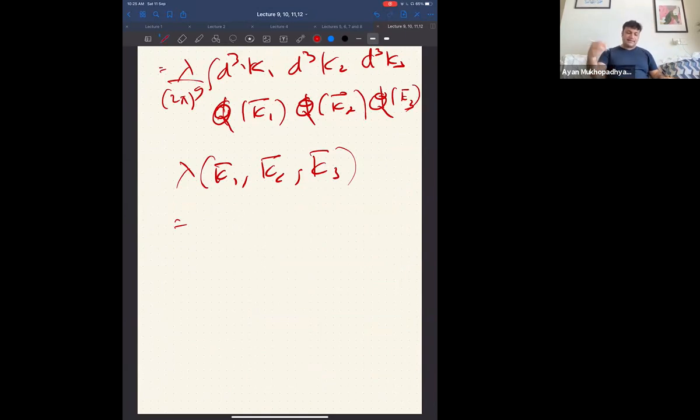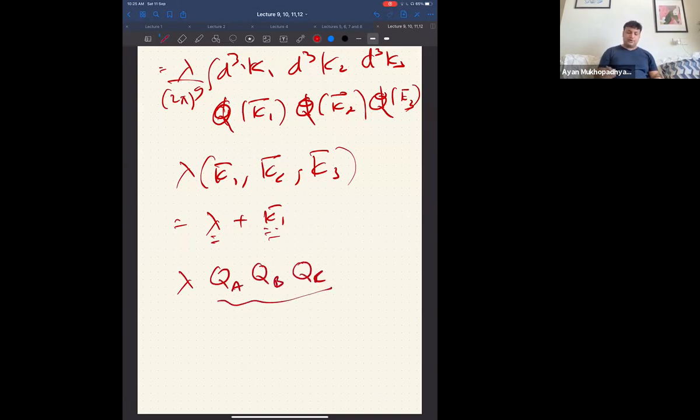So in that case, if k1, k2, k3 are all small, I can expand lambda as a power series in k. And each of these things will then become derivatives. At higher orders, it will be derivatives of the fields. Now, if lambda is a constant, the first term, as I said, was lambda qa, qb, qc.